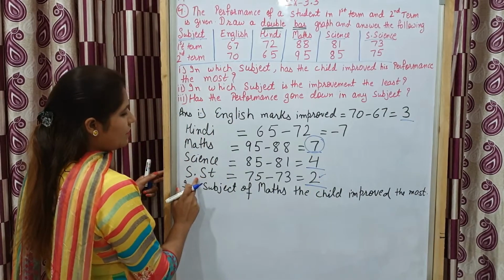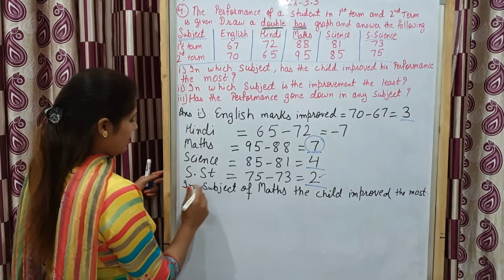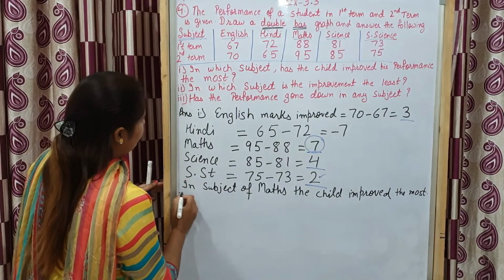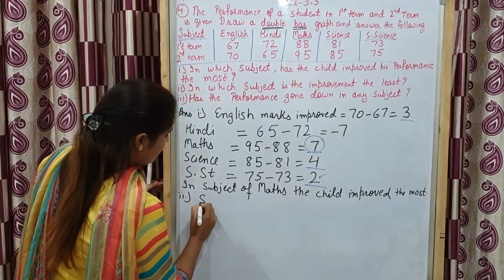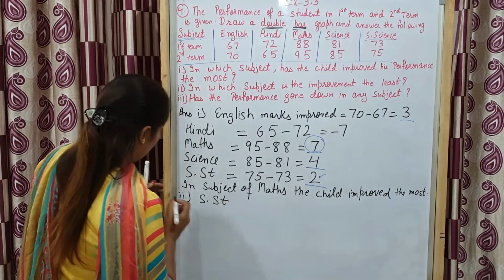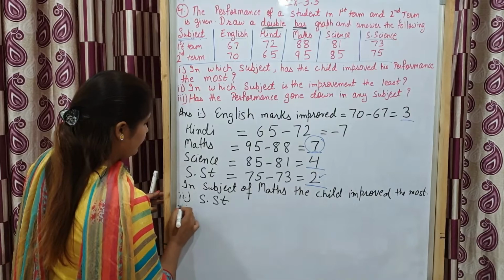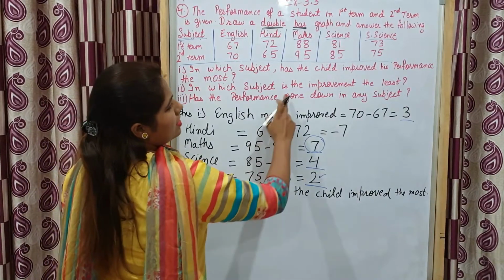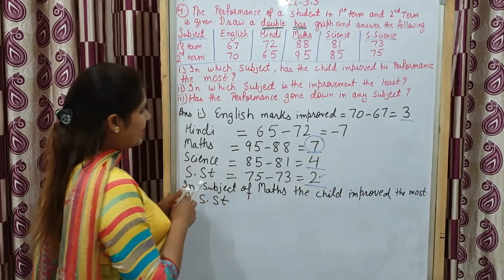So it means improvement is less in social study. You can write in a full line that in social study the improvement is the least.